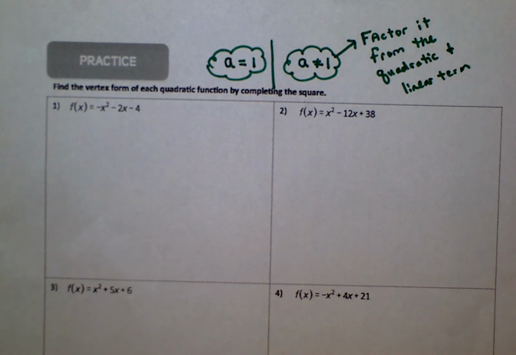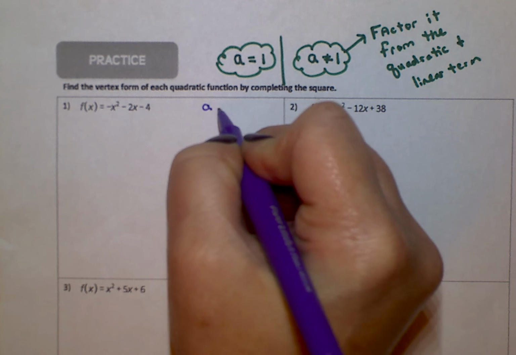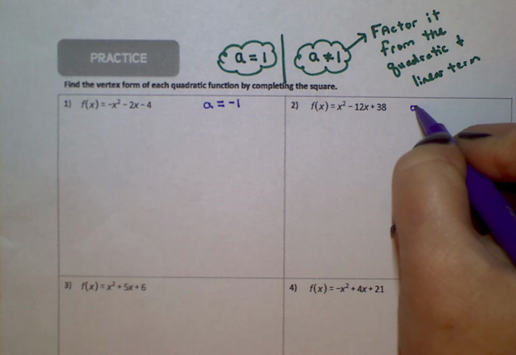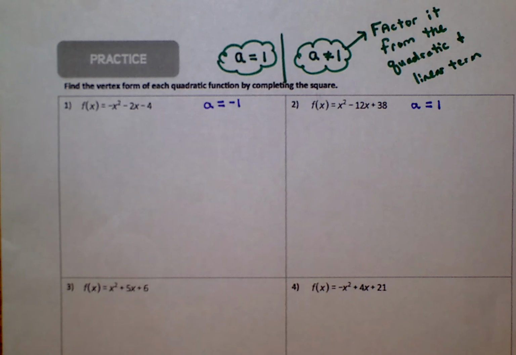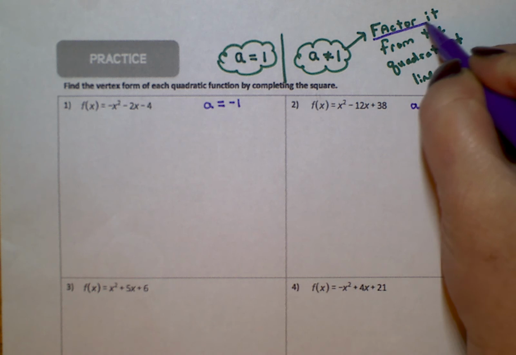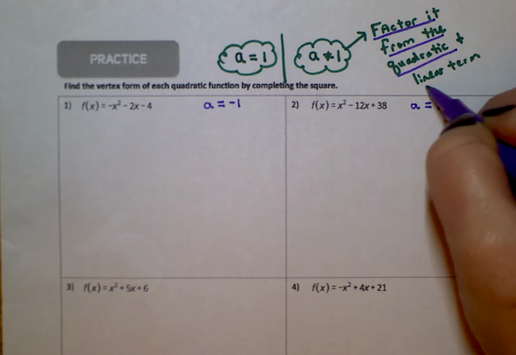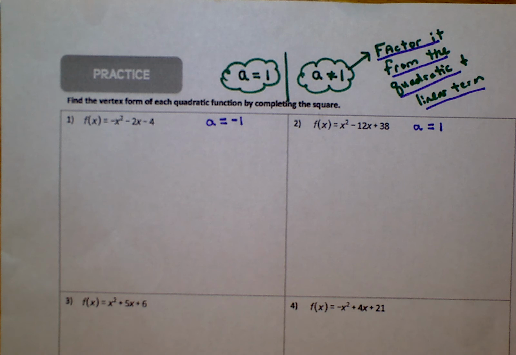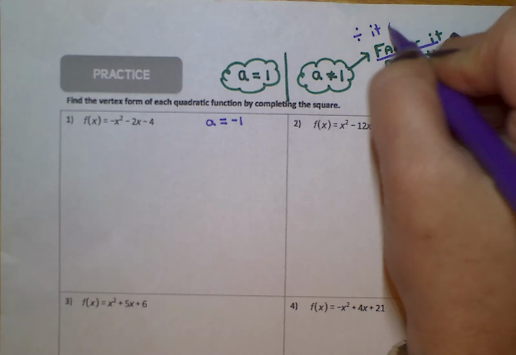So if you notice right here, the very first thing I notice about number 1 is A equals a negative 1. Now number 2, A does equal 1. So if it doesn't equal 1, you're going to have to factor whatever A was from the quadratic and linear term. Now, what factor means is it just means to divide it out. So you're going to divide it out.